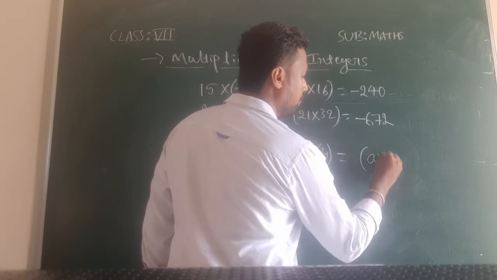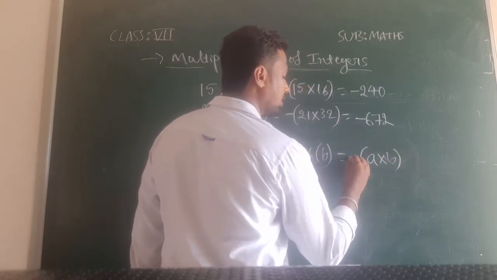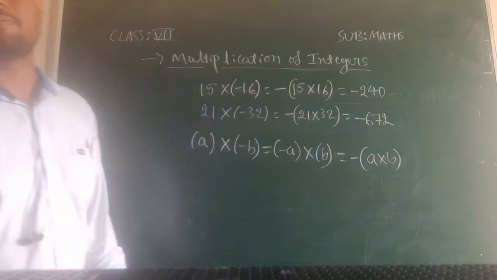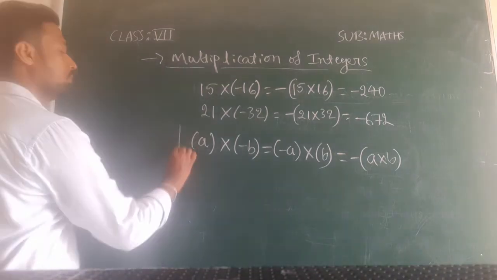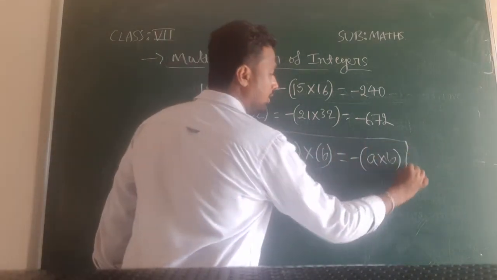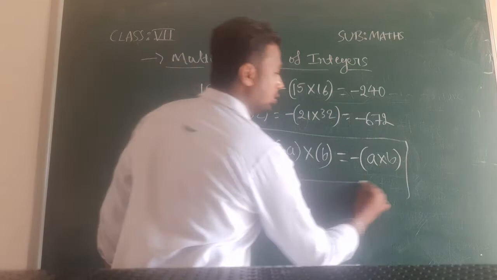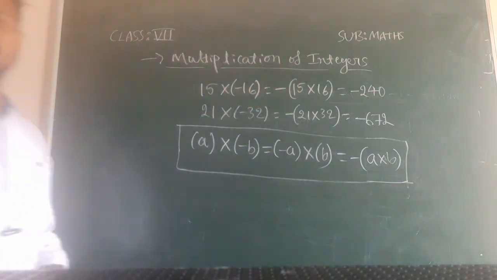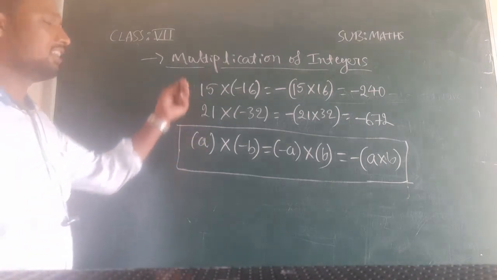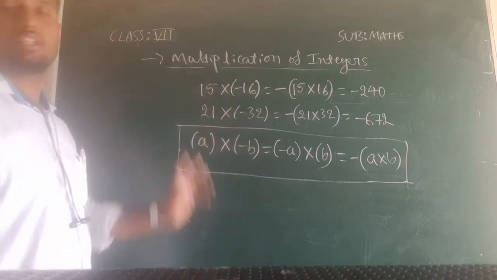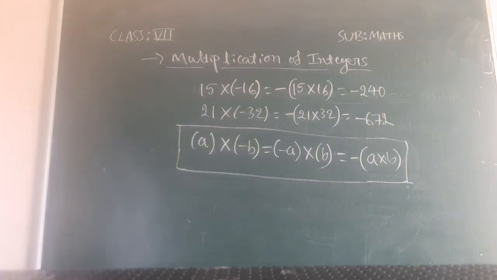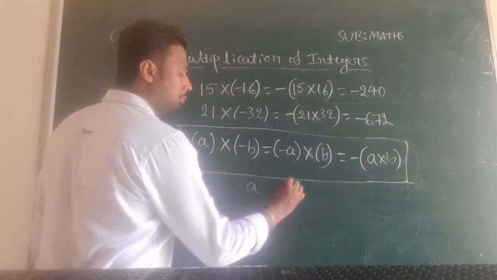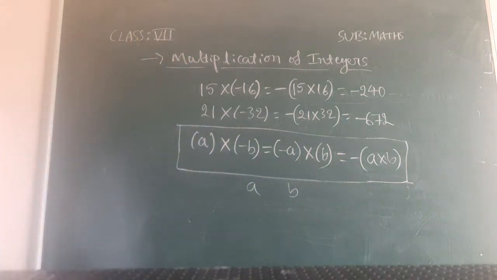Directly we will multiply a and b and we will consider minus outside the bracket. This is the generalized form for all integers. Don't get confused with that. Very easy this is. See here, a is any integer value and b is any integer value. We just considered a and b in place of integer values here.